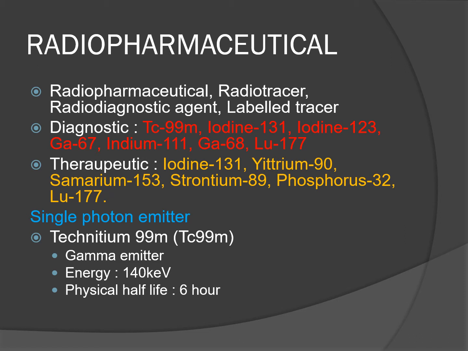After another 6 hours, it becomes 2.5 millicurie. So generally, all radioactive materials have a physical half-life, and it depends on each one. Usually we want the half-life to be slightly longer than the procedure that we want to do.